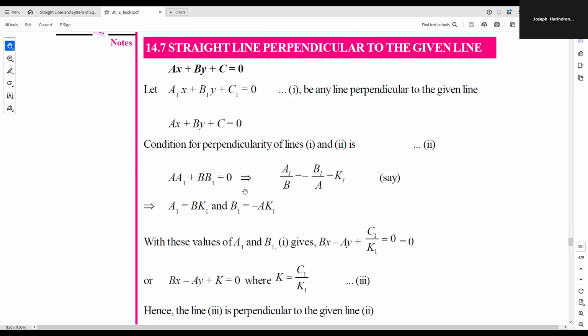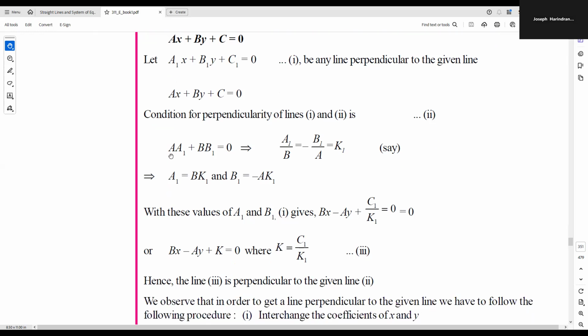This is the condition. So very quickly you can find out whether the two lines are parallel or perpendicular. Parallel means the slope should be the same. That means the A by B ratio should be the same for both the lines, and you can verify that by checking the condition.